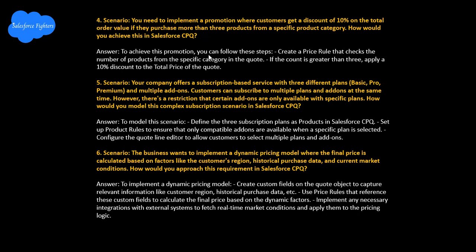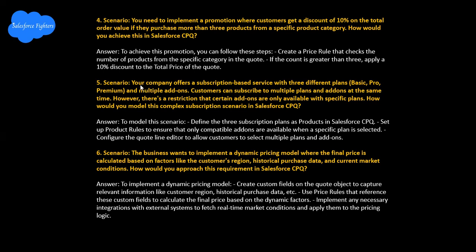To achieve this promotion, you can follow these steps: create a price rule that checks the number of products from the specific category in the quote. If the count is greater than 3, apply a 10% discount to the total price of the quote.